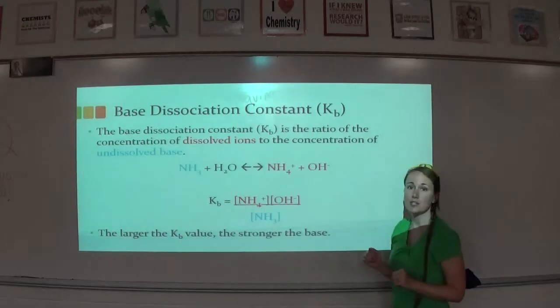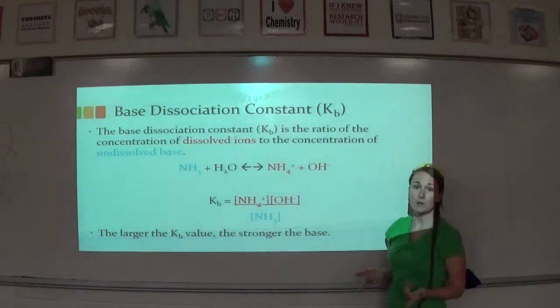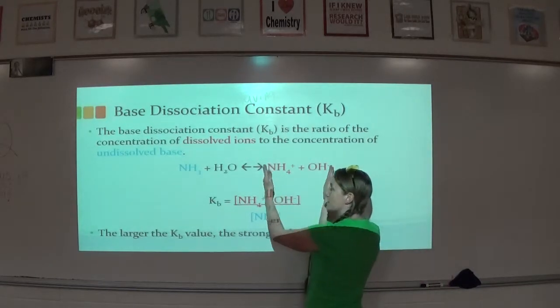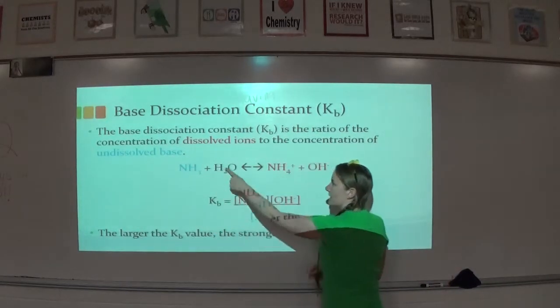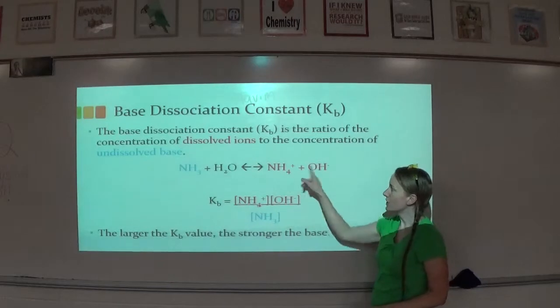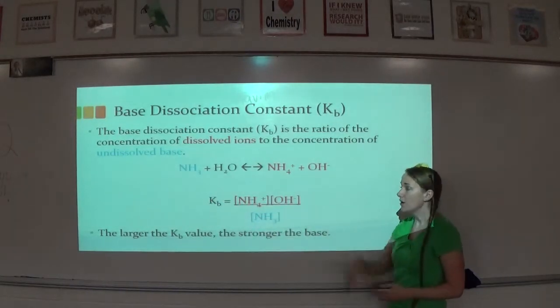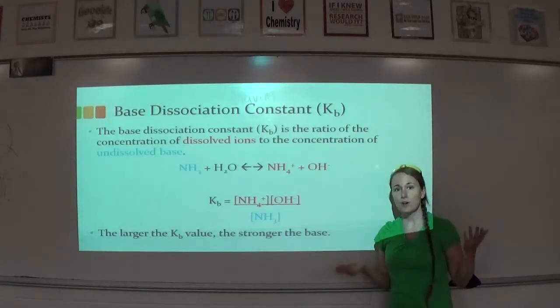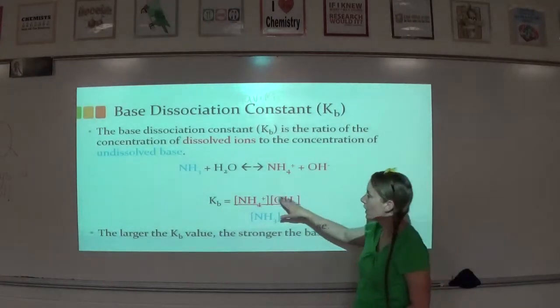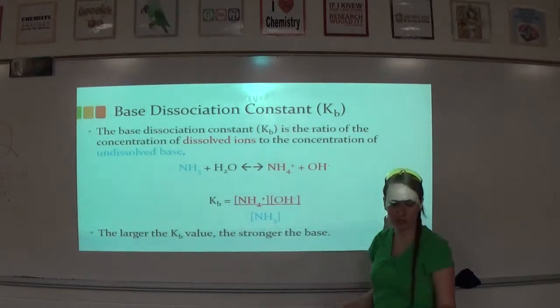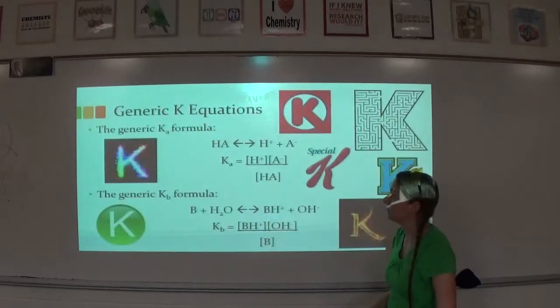That's what makes NH3 basic, the fact that it makes that OH minus from the water. So remember, it's products over reactants, but we're going to leave out water. So we do the concentration of our two products over the concentration of our reactant. Now, the larger the Kb value, the stronger the base, because of course the larger the number on top, the more ions that have been formed from that base.